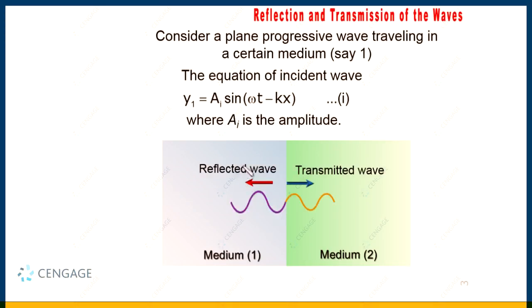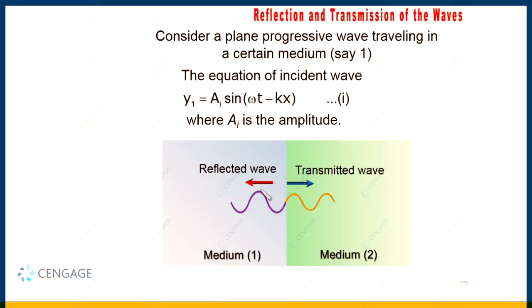In this way, in medium 1 we have two types of waves. One is the incident wave, coming from left to right, and the other is the reflected wave, moving from right to left. The transmitted wave will move in the positive x direction.